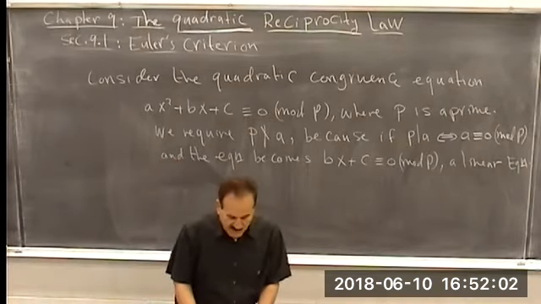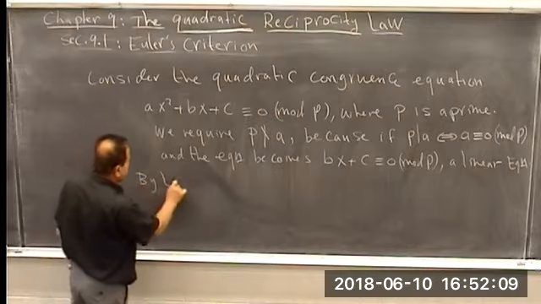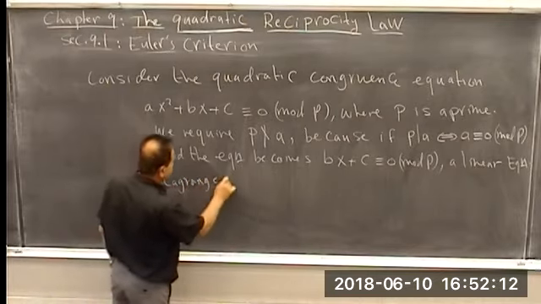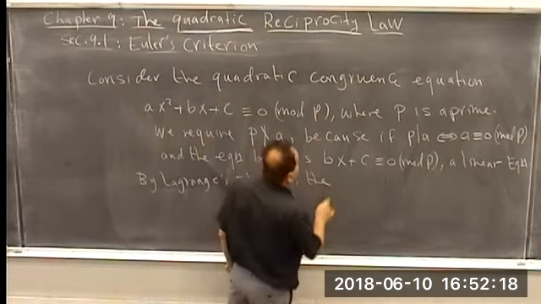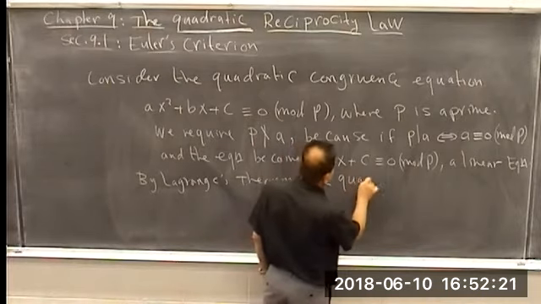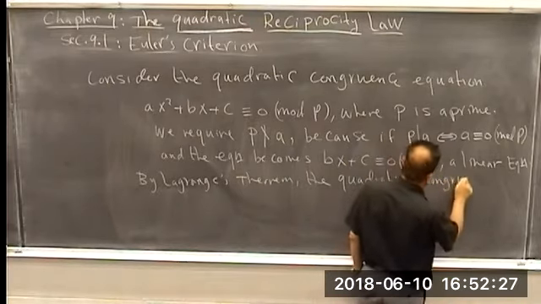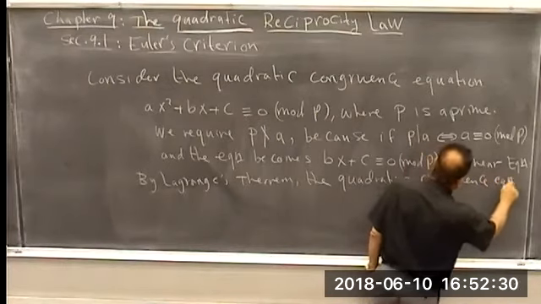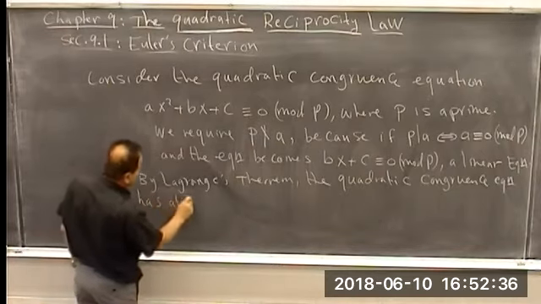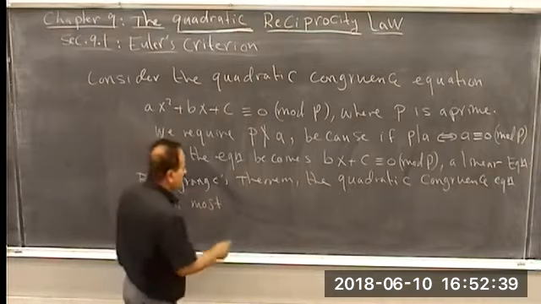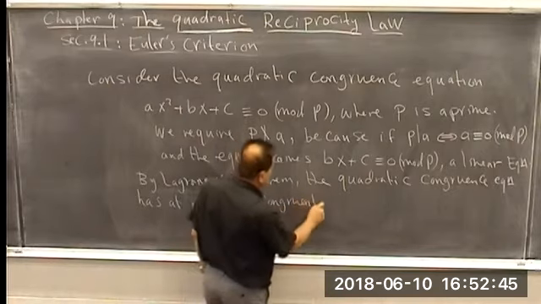Now we know that by Lagrange's theorem, the quadratic congruence equation has at most two incongruent solutions.